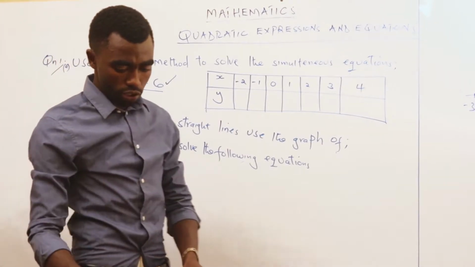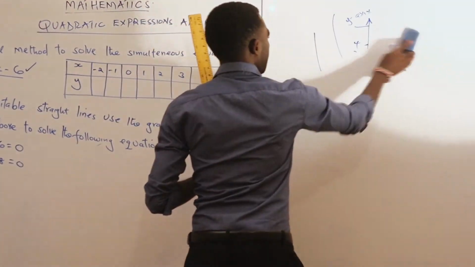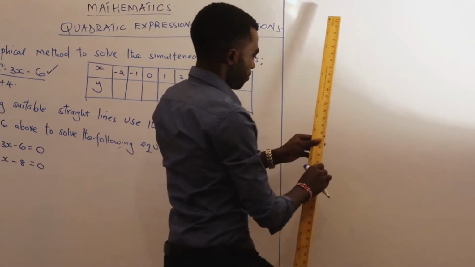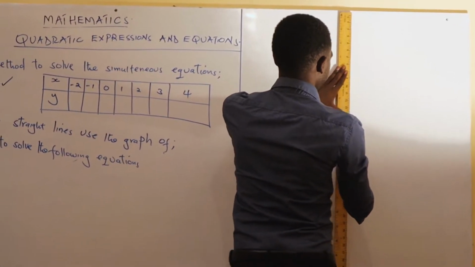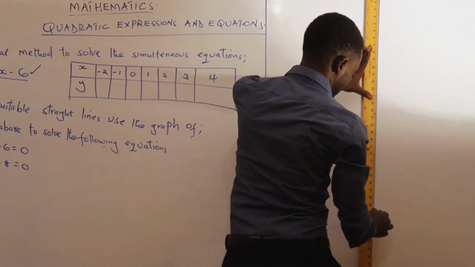So the first thing we're going to do, we're going to have our Cartesian plane here. This is the graph we are going to use to solve the problem we have on board. So let's come up with the Cartesian plane.